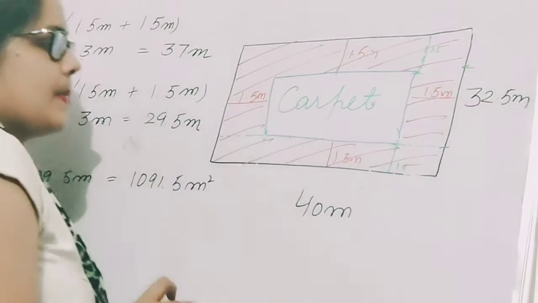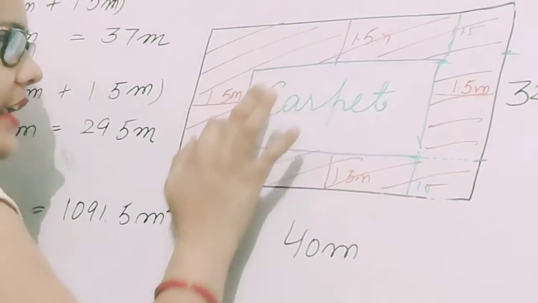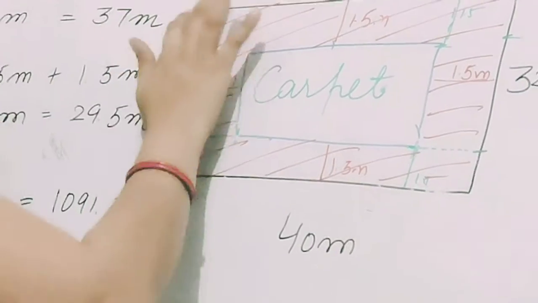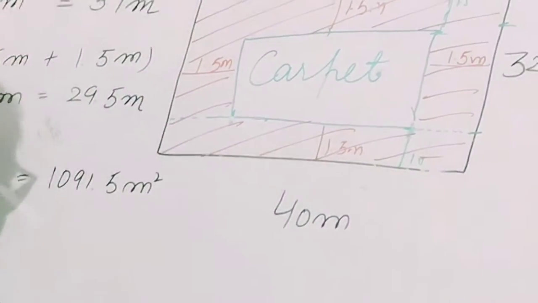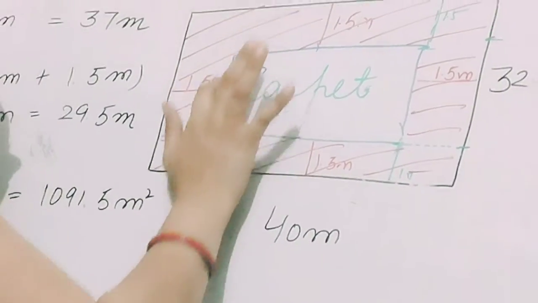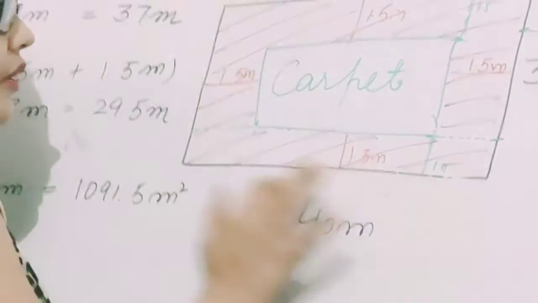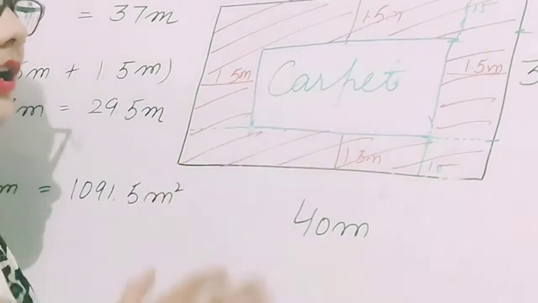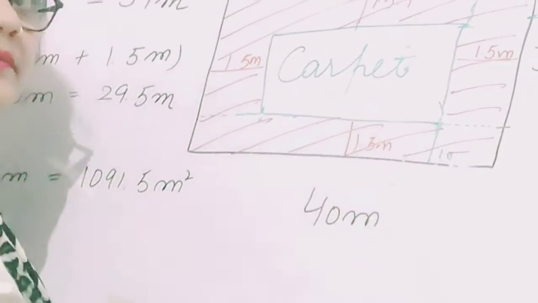So if we subtract area of carpet from the area of hall, then what is left? Area of hall is this, area of carpet is this. So area of hall subtract area of carpet. So this portion is left.